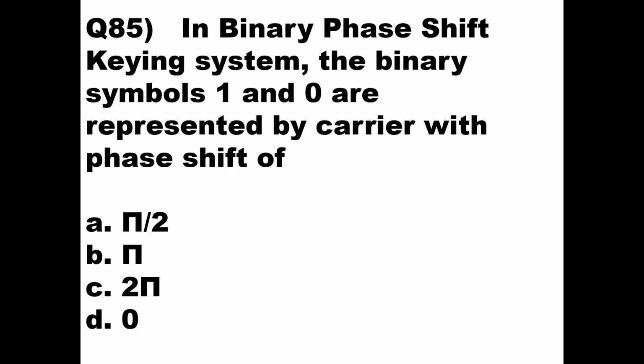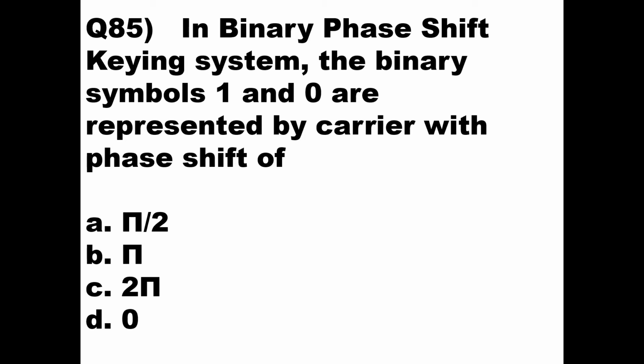Then we'll go to the next question, question number 85. In binary phase shift keying system, the binary symbols 1 and 0 are represented by carrier with a phase shift of? In BPSK we use a phase shift of 180 degree. 180 degree in radians is equal to pi.